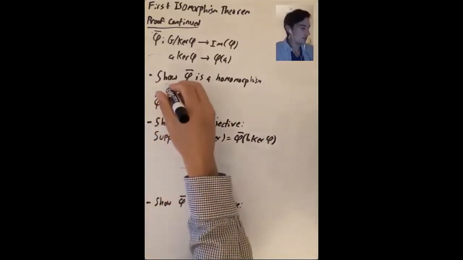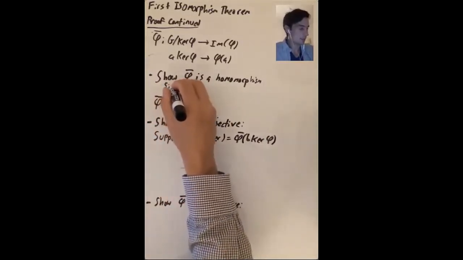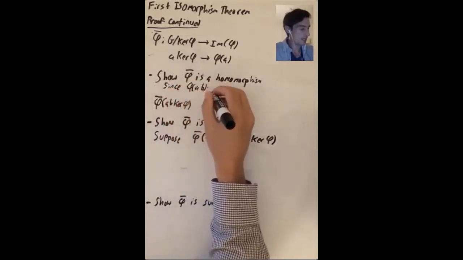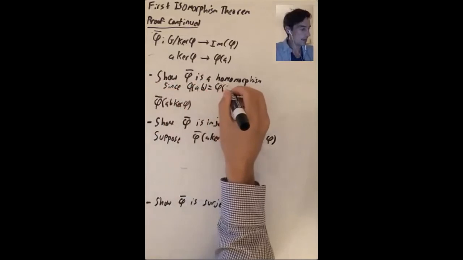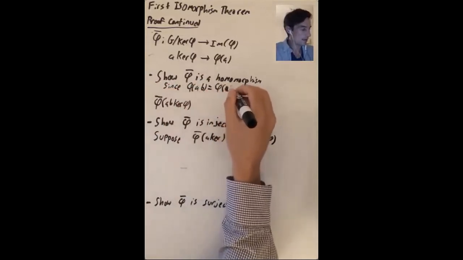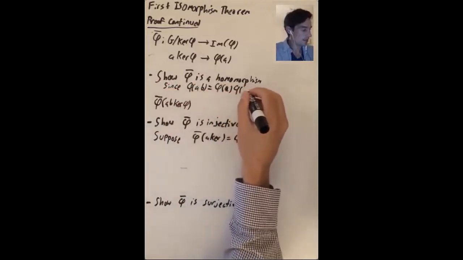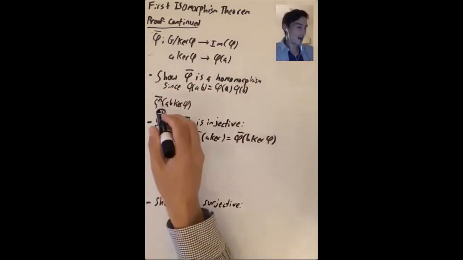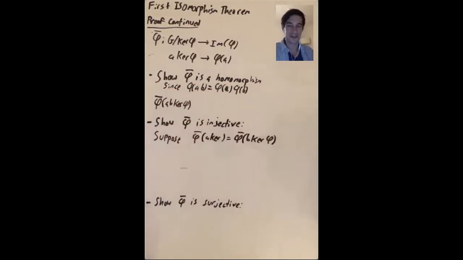So we're going to use the fact that phi is a homomorphism. Since phi of AB equals phi of A times phi of B, the thing that we want to understand is how phi hat of AB times the kernel of phi is related to phi hat of A kernel times phi hat of B kernel.